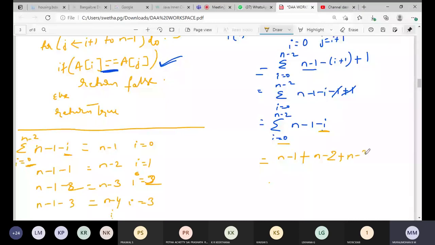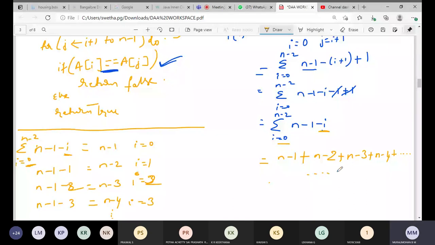So n minus 3 plus n minus 4. Is there any confusion? This will go up to where? Finally we will get 1.